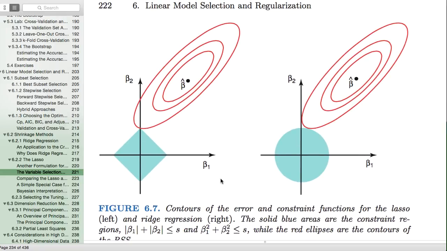The lasso is likely to drop some, so it is a subsetting technique, whereas ridge regression drops some, but doesn't drop them to 0 necessarily. It's no more likely to drop them to 0 than to any other small value.